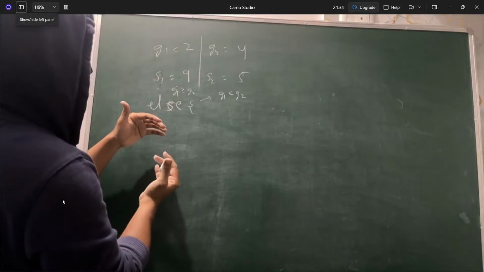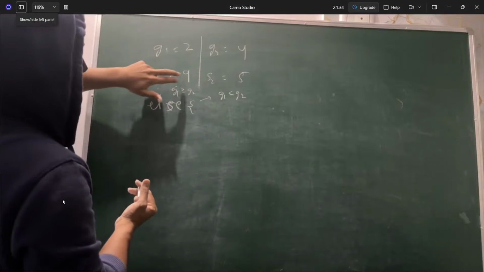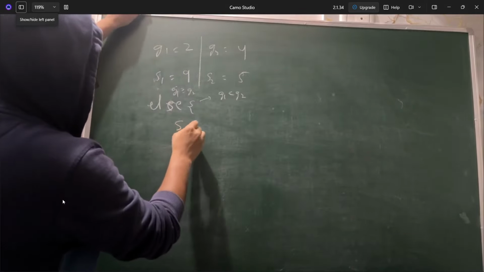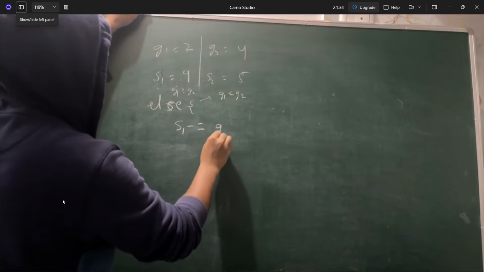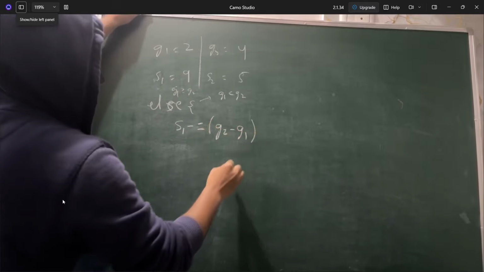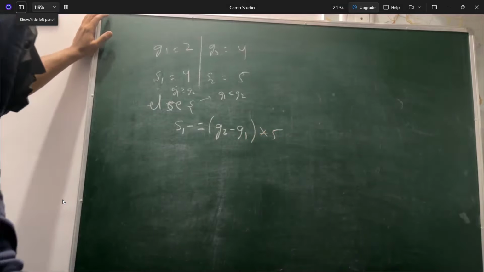You want to make g1 equal to g2, so in that case you will be taking silver coins and making gold coins. So your silver coin count will be subtracted by, since g2 is bigger, g2 minus g1 into 5. I think you're getting it, right?